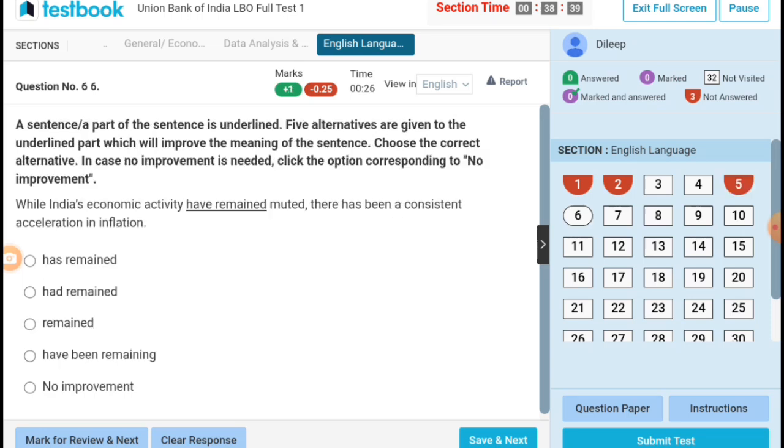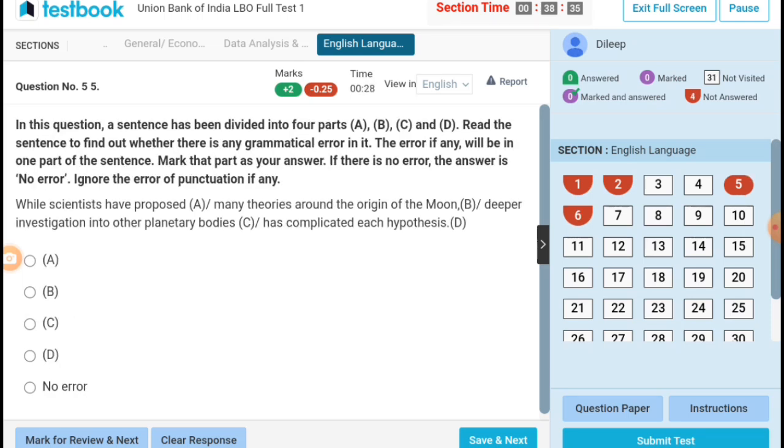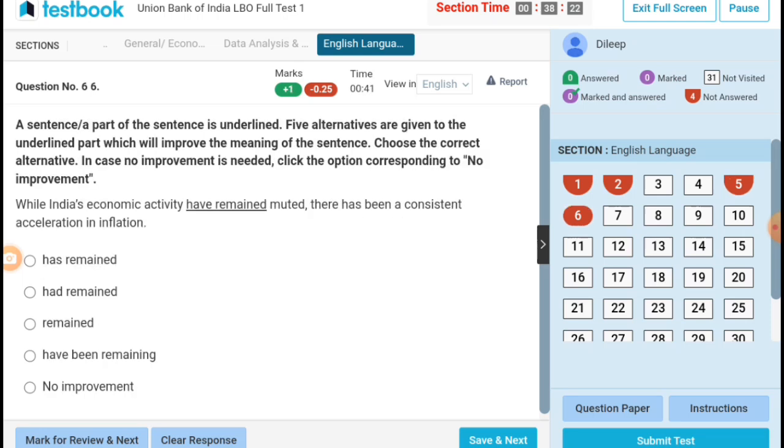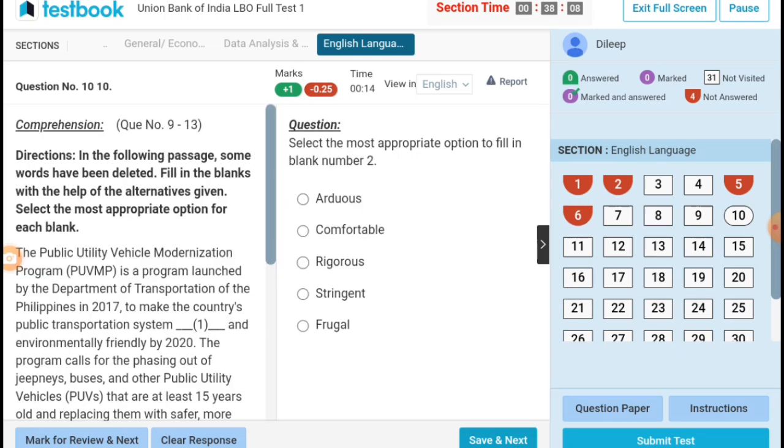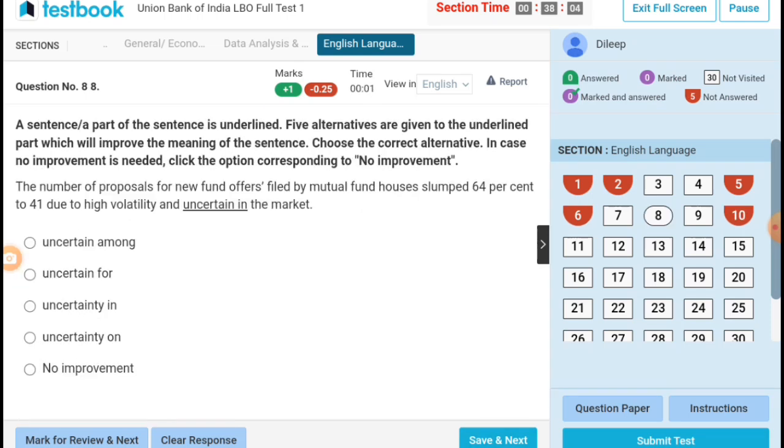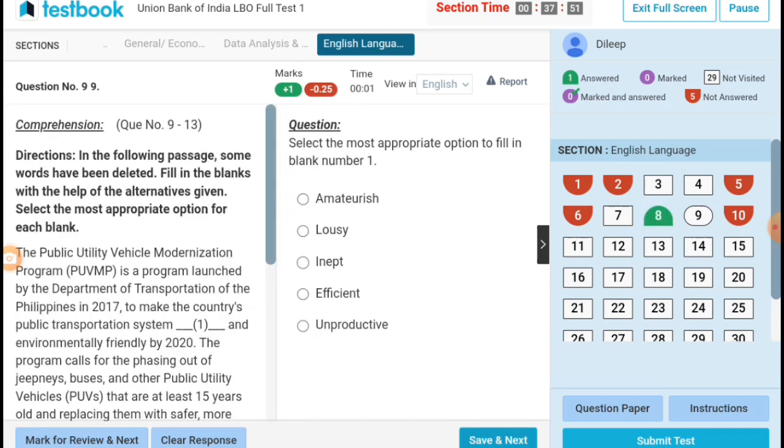This is while India's economic activity the number of proposals for new fund offers filed by mutual fund houses slumped 64% to 41 due to high volatility and uncertainty in market.